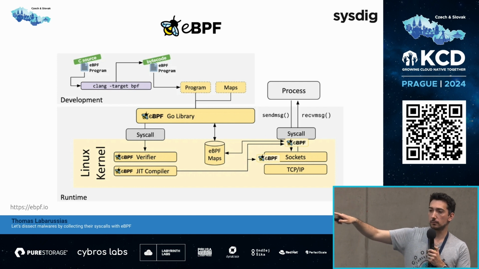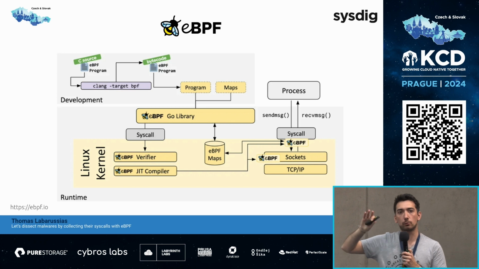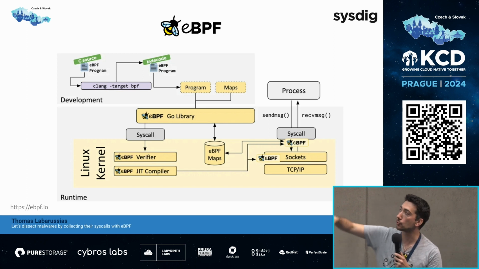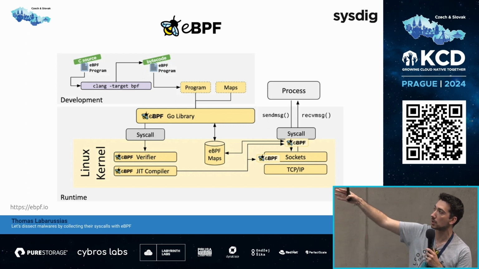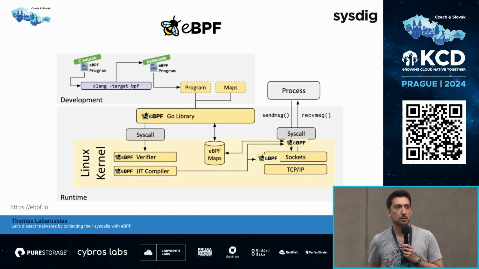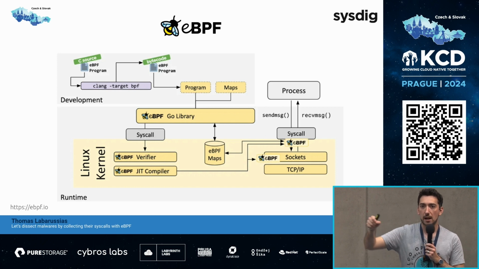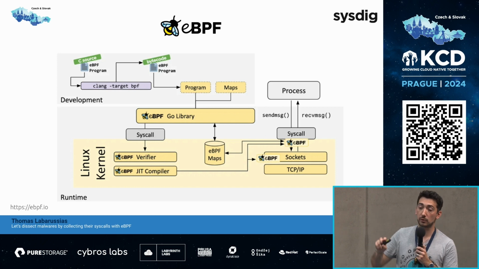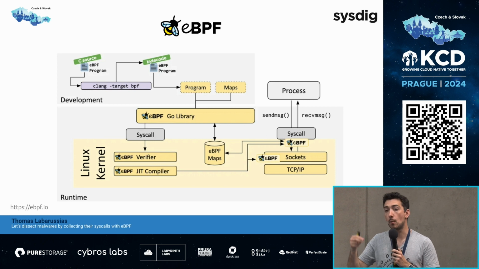If the verifier agrees about your code, it will transpile it into bytecode for the kernel, and then the kernel will run your piece of code in a little sandbox. You can attach your eBPF, what we call a probe, to some hooks.